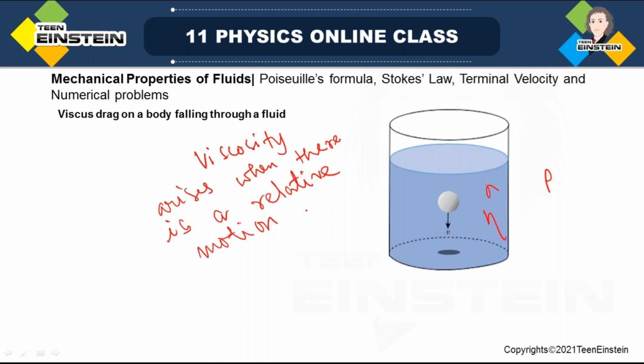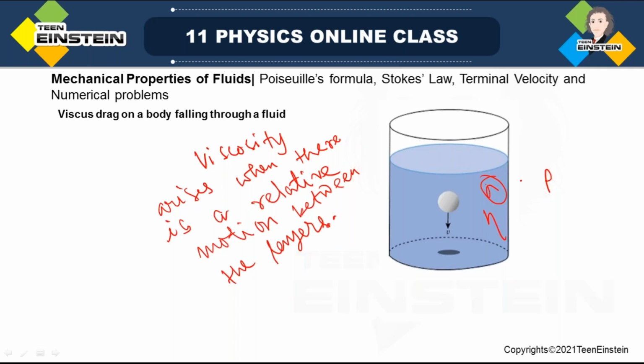But in this case, if you have a beaker or container with a liquid of density sigma and coefficient of viscosity eta.